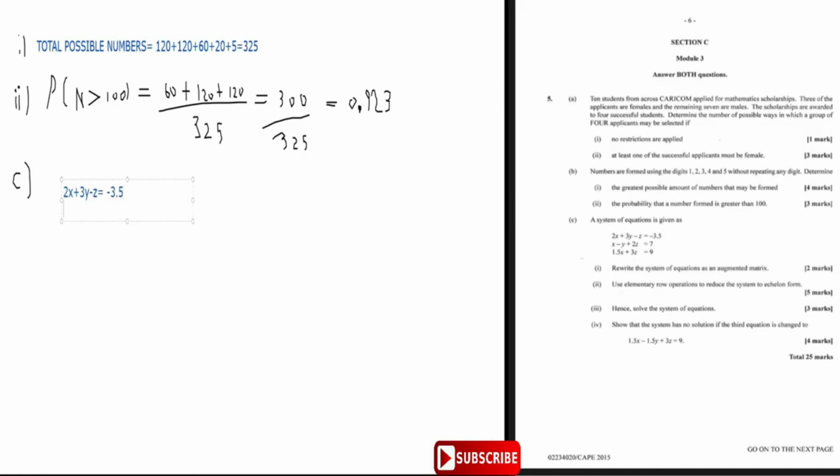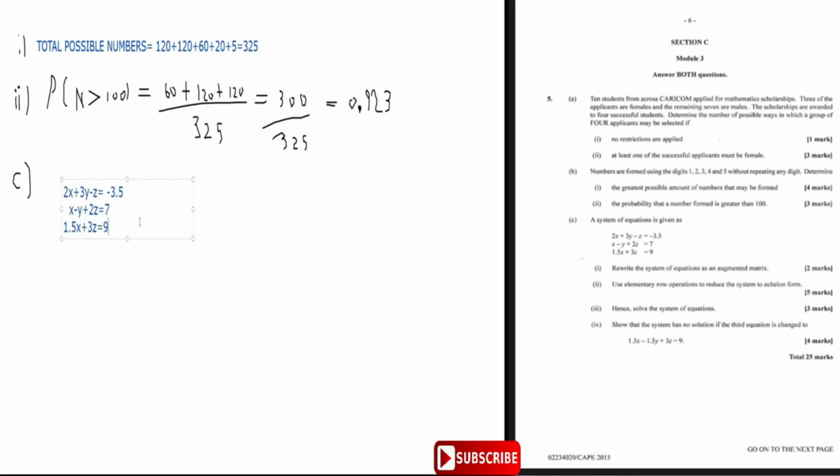And they give us that x minus y plus 2z is 7. And then they tell us that 1.5x plus 3z is equal to 9.